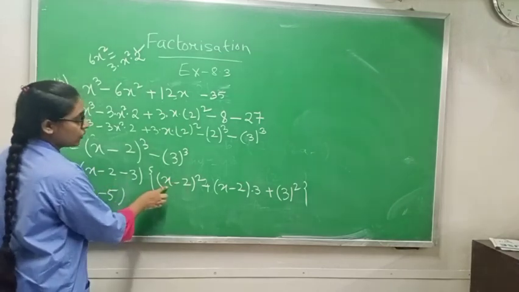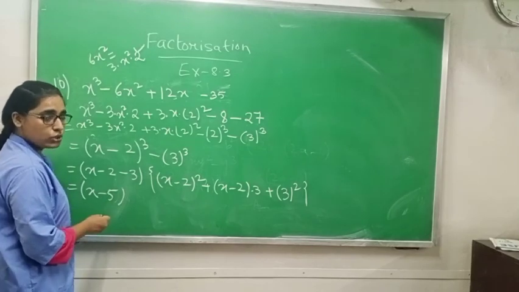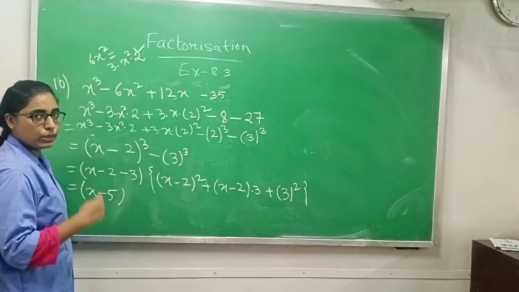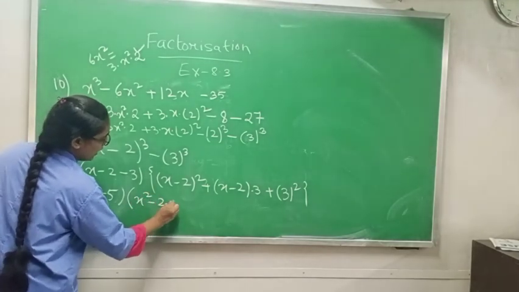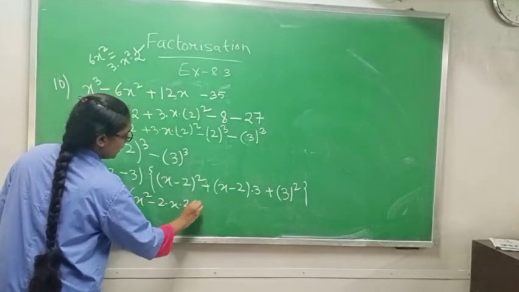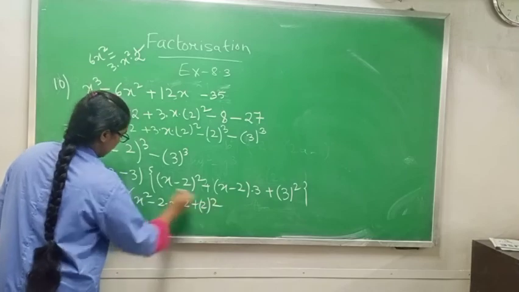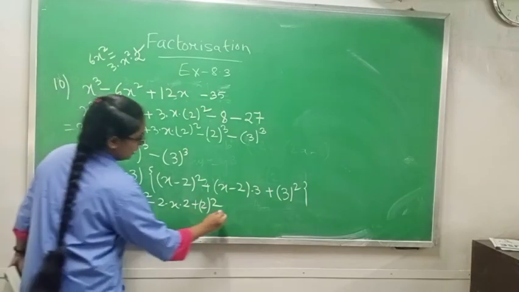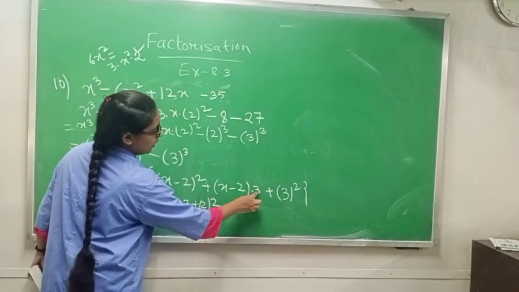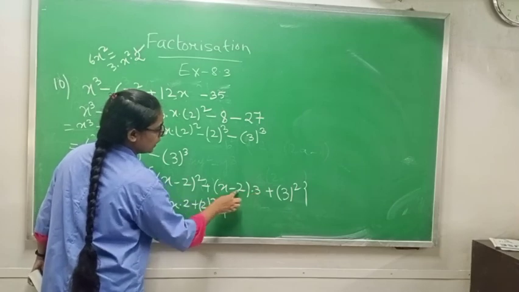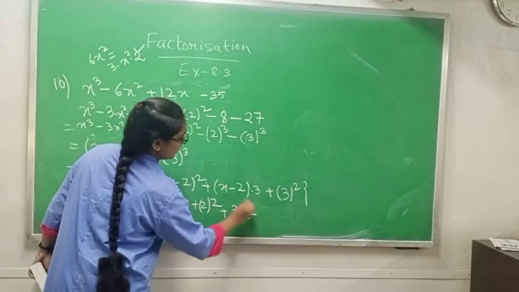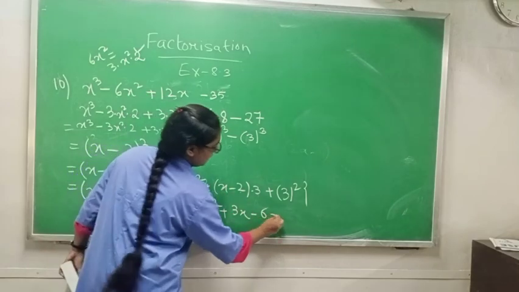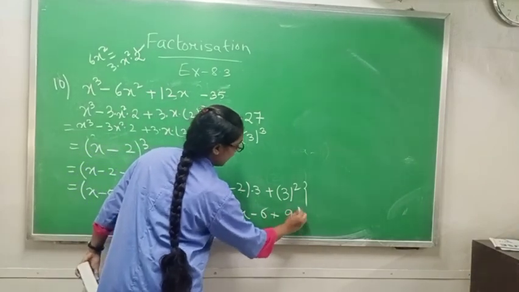Now we can break this one with the formula of (a minus b) whole square. The formula is a square minus 2ab plus b square. Plus we can multiply this 3 with x also and with 2 also. So 3 into x, 3x, plus minus minus 2 into 3, 6, plus 3 square will give you 9.